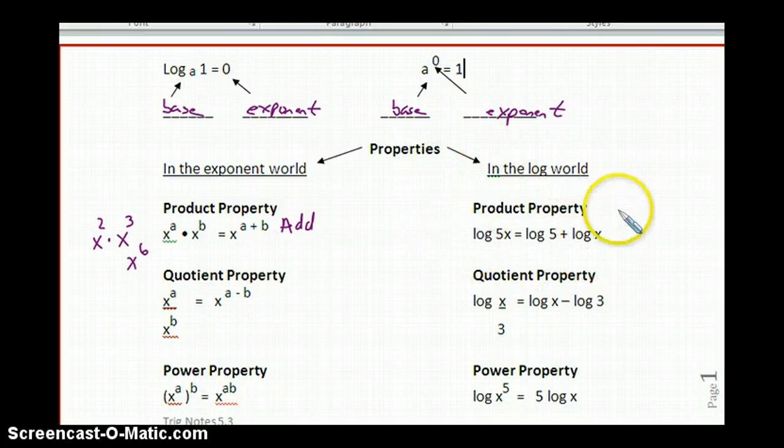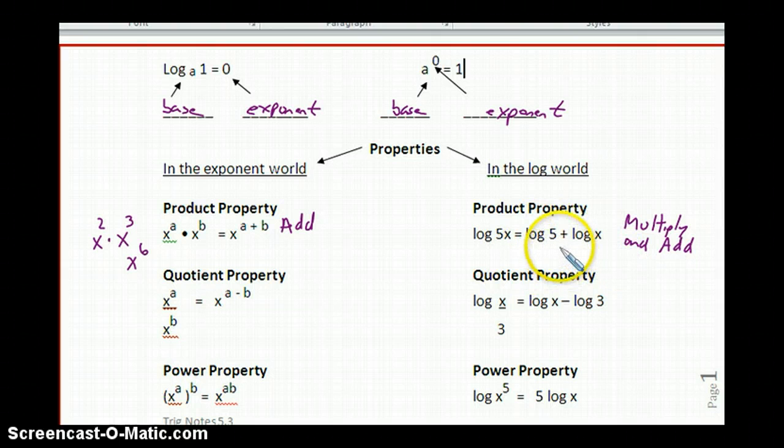Well, if we apply that same property, the product property, in log world, log of 5x, we're multiplying here, so I could rewrite that as the log of 5 plus the log of x. So when I see multiplication, I want to think addition. We want to keep in mind that multiply and add go together here.